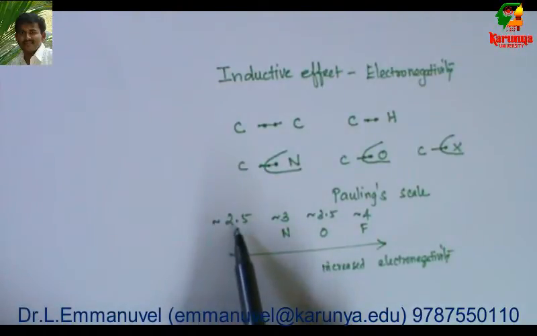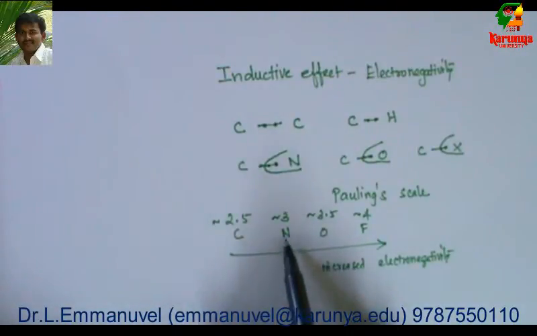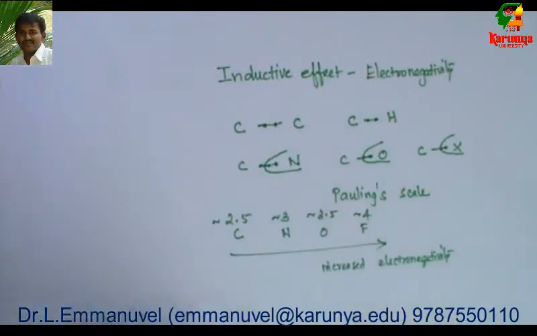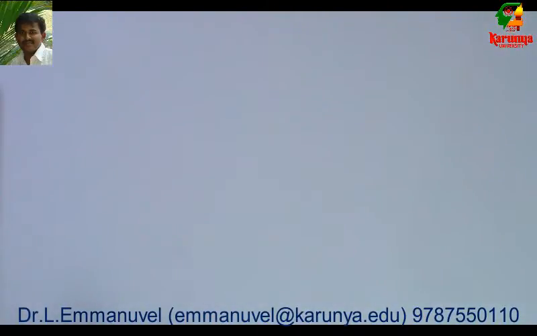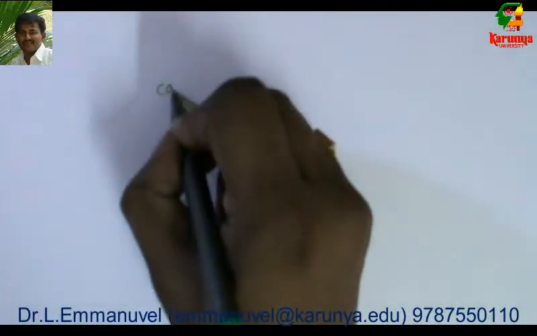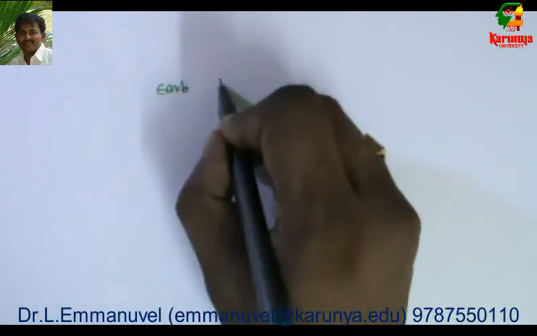It increases by 0.5 when you go from carbon to nitrogen, nitrogen to oxygen, oxygen to fluorine. Now, let us go to the nucleophile and check how the resonance and inductive effect affect the electron density on that. First, let us go to carbanion. Negatively charged species.